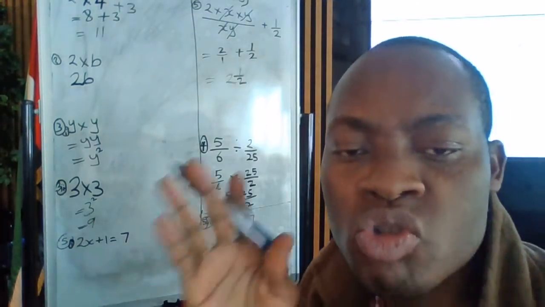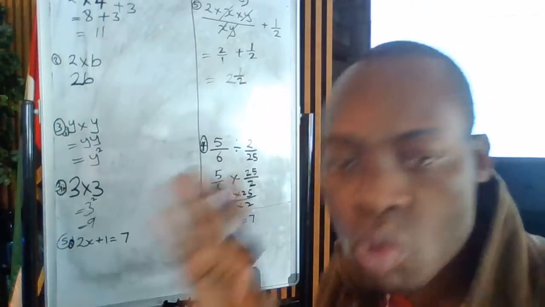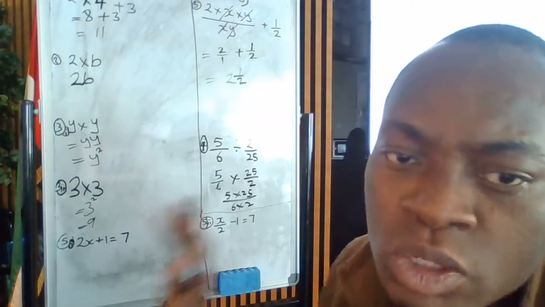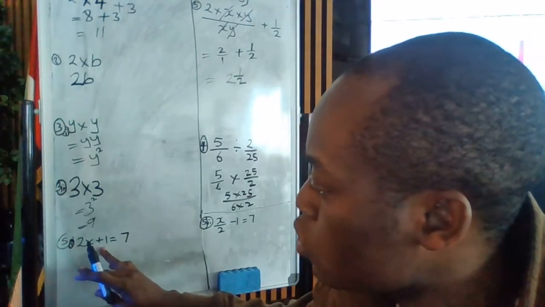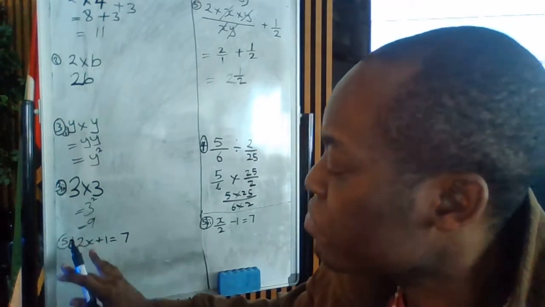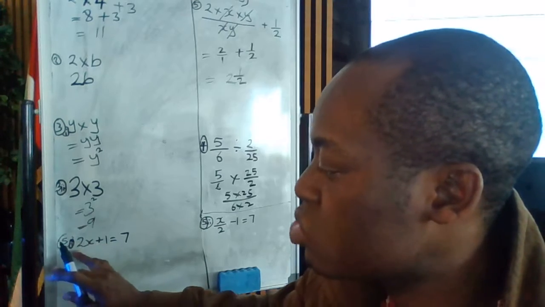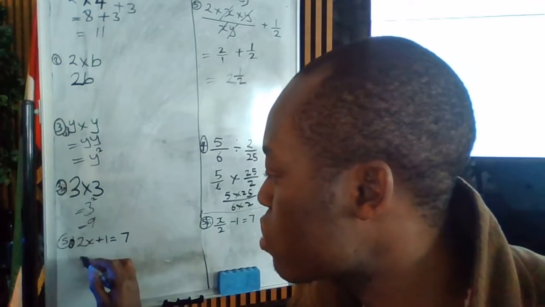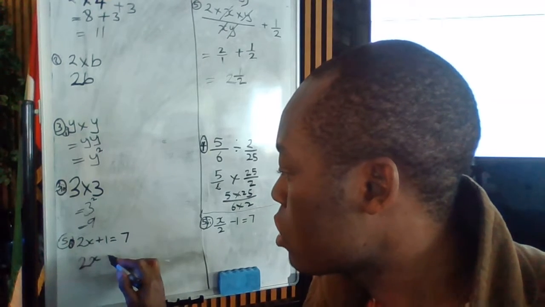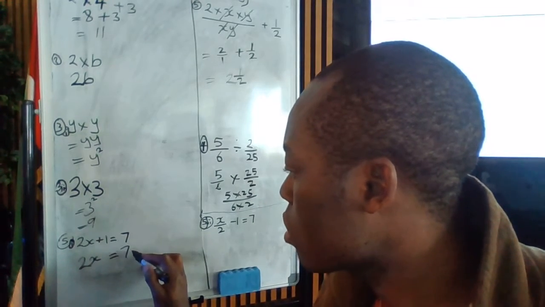Under equation, you try to move all the numbers to one side and all the alphabets to the other side. That is, there is a number here. We can move this plus 1 easily because the plus 1 is not joined to this. So it's not going to affect the 2x. That is, it will remain only 2x equals to 7.